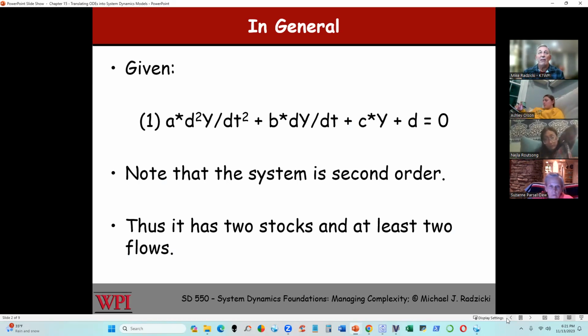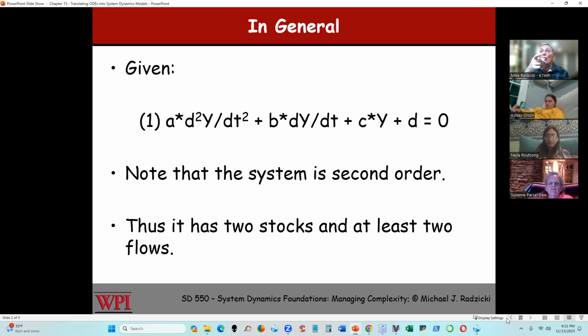Okay, so you see we have A times d squared y over dt squared plus b and so forth. As soon as you've got a first term like that, you know that the mathematicians have squished everything together, compacted two equations into one. If there was an a times d cubed y over dt cubed plus, and then the next term would have a square in it, whatever, it would be a third order system, and so forth.